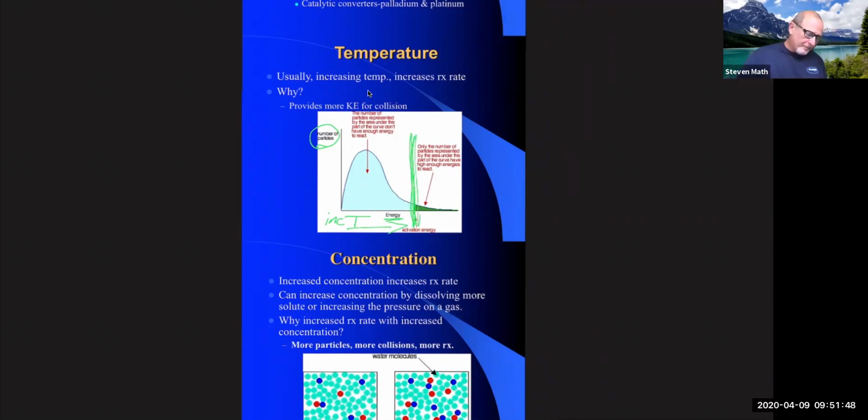Well, if we can put more temperature into this, we can shift this whole graph this way, and more particles will have that kinetic energy. We're going to move more of those particles to this area under the curve. So that's why.